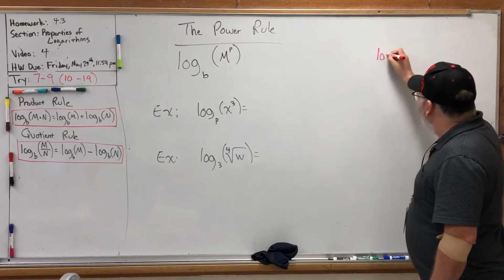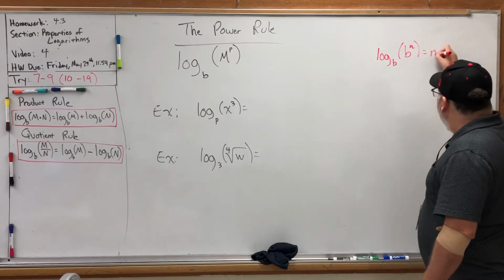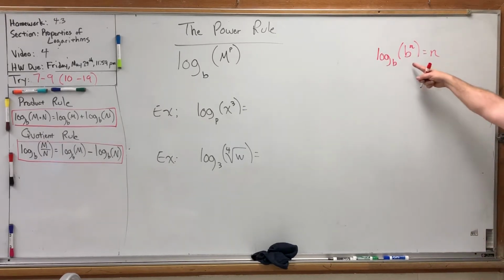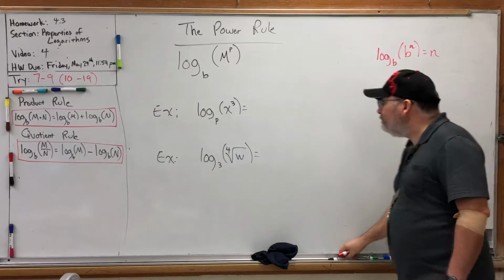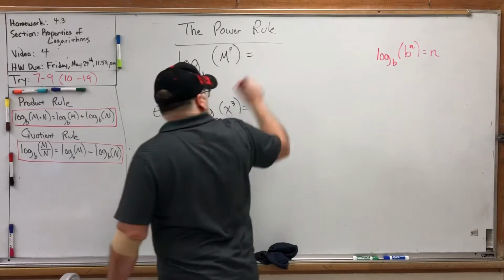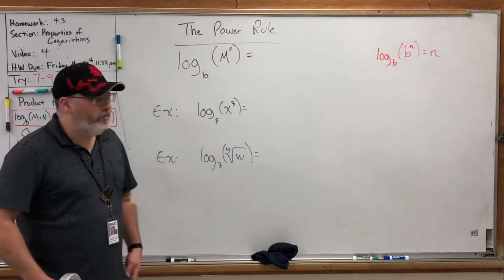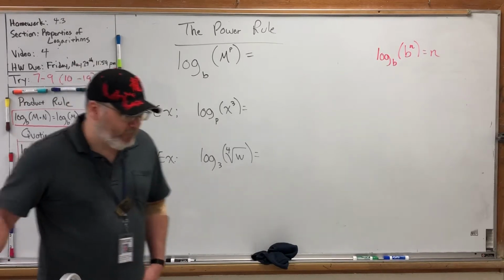I believe the one I wrote on the first video looks something like this, because this is the power that turns the base into the argument. But do you see the main difference between this property and the one we're about to build? They both have powers. I'm using different letters for them, but that's irrelevant. But there is a structural difference that makes all the difference in the world.